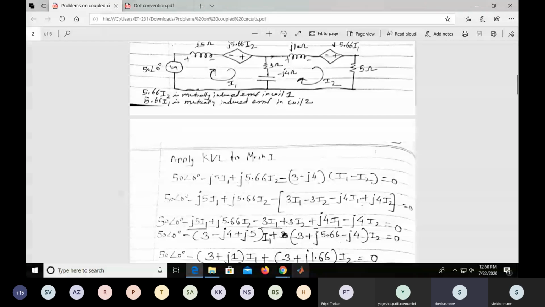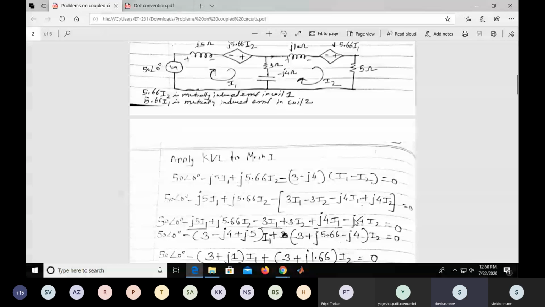Since we are considering I1 first, I am writing I1 minus I2. So instead of writing individual terms, I directly write this term, 3 minus J4 into I1 minus I2.